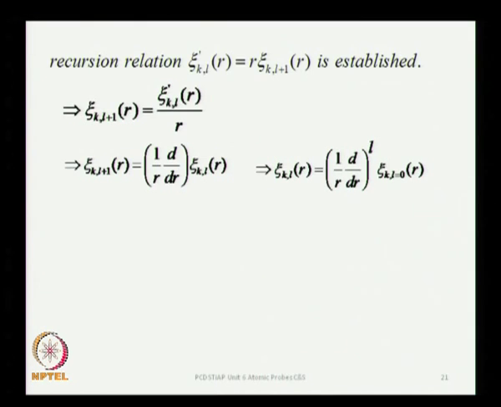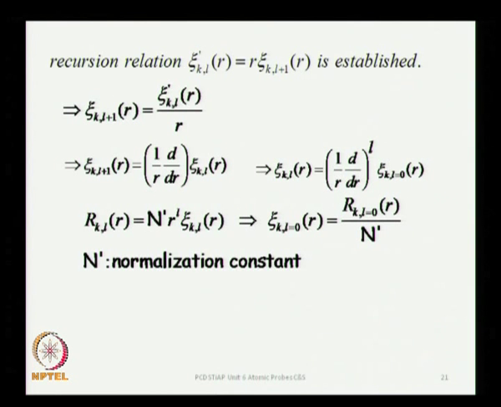That is your prescription, and now you have solved the whole problem, because you have got the solution for L equal to 0, and now you can operate on that solution L times by the operator 1 over R d by dr. The solution for L equal to 0 is this, sin kR over R, divided by some normalization, whatever it is.